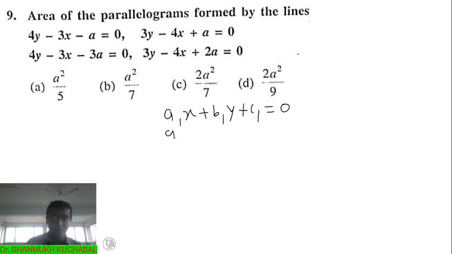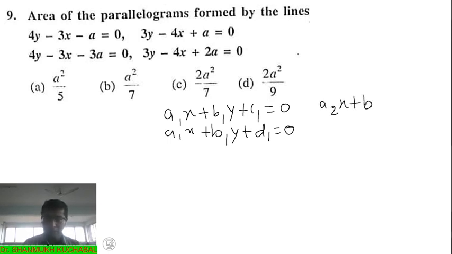Next, a1x plus b1y plus d1 equal to 0. Next, a2x plus b2y plus c2 equal to 0. Next, a2x plus b2y plus d2 equal to 0.